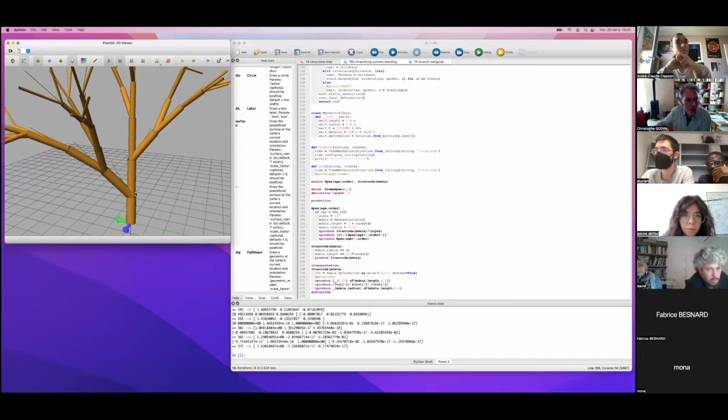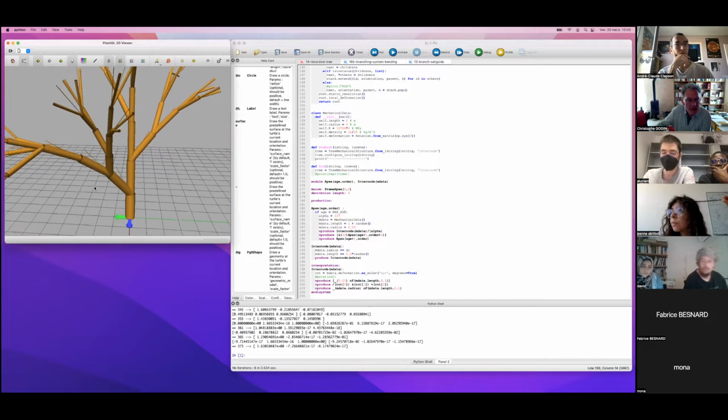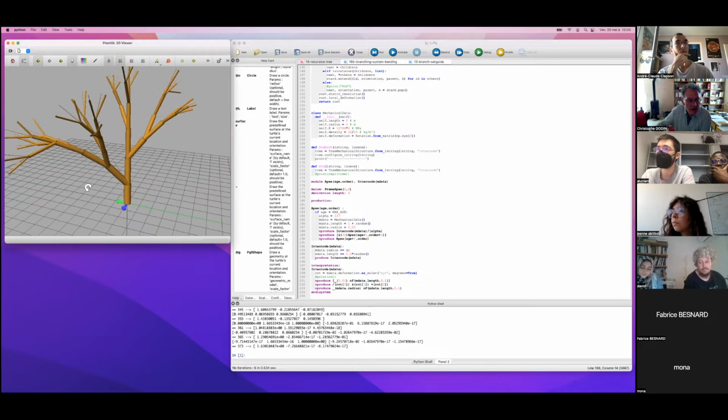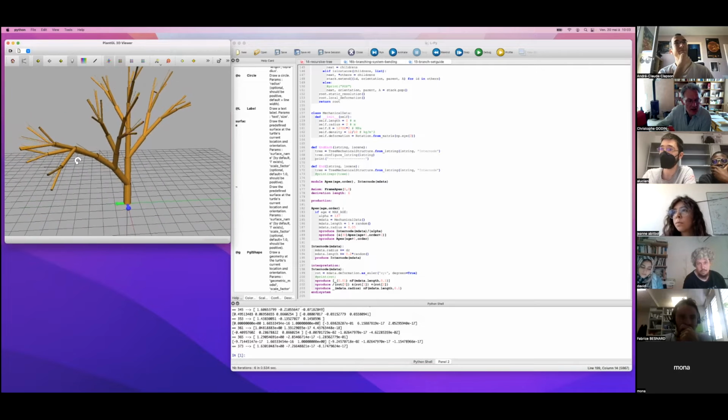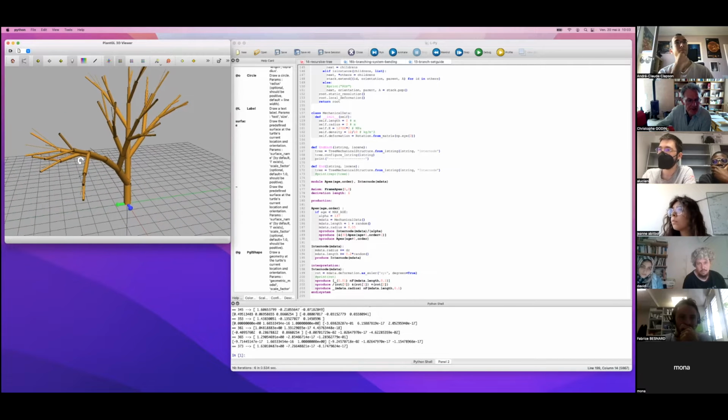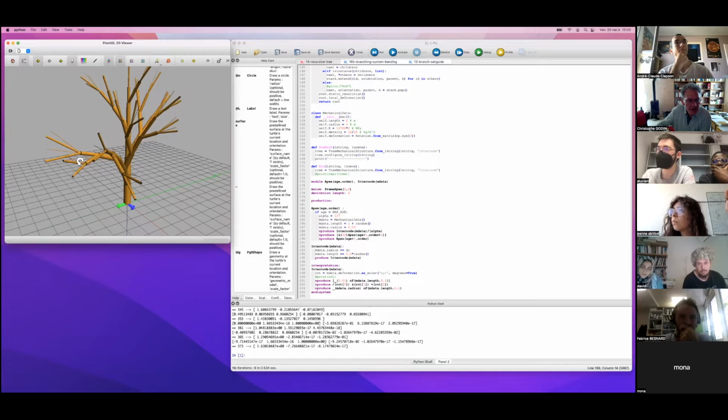Okay, I see. This is the non-deformed branch, to better visualize how much it bent. And so see what it gives. So we can see it actually bends in the right direction, mostly.